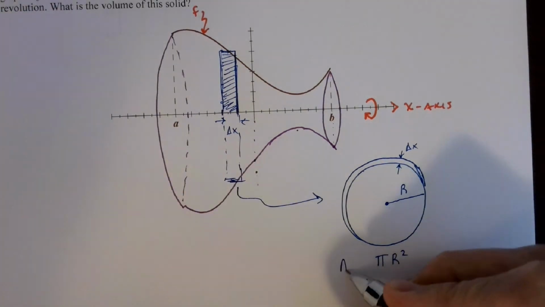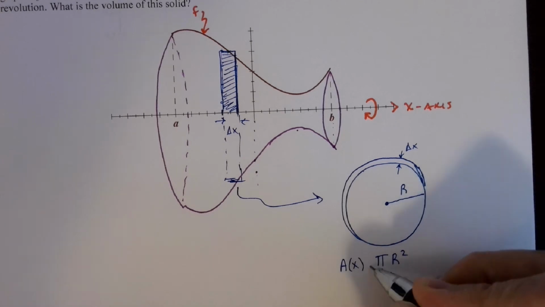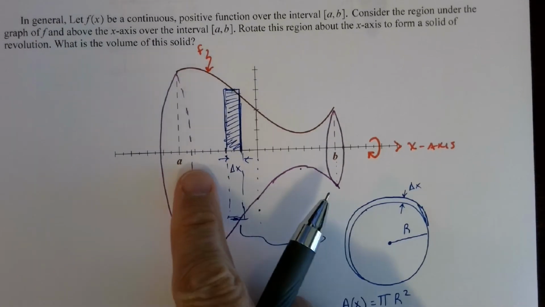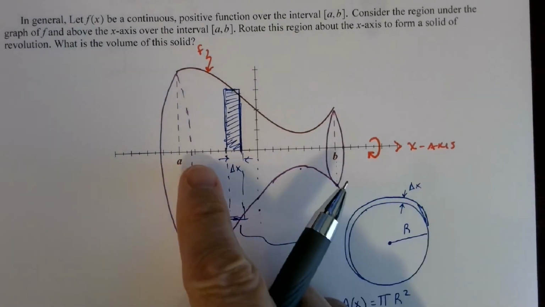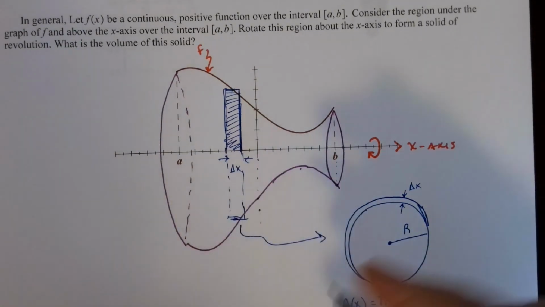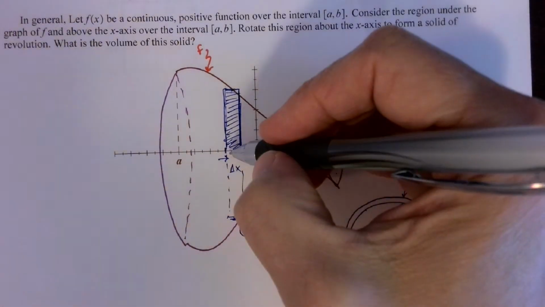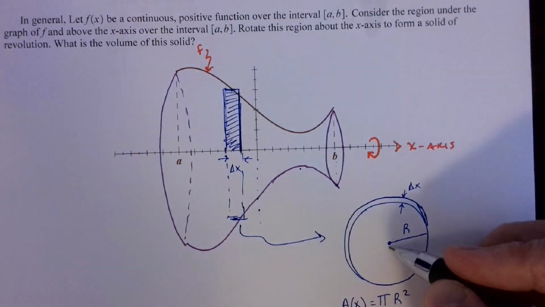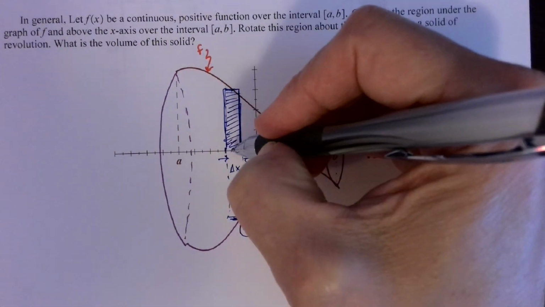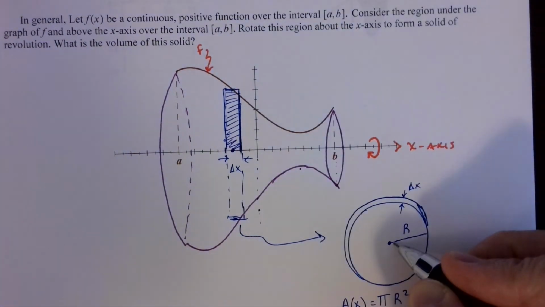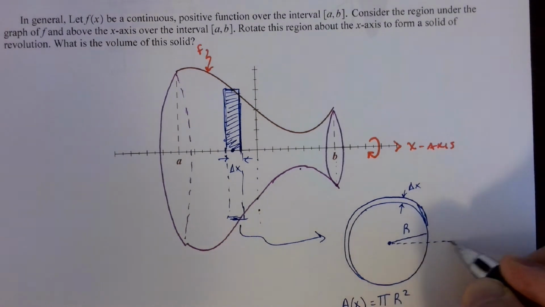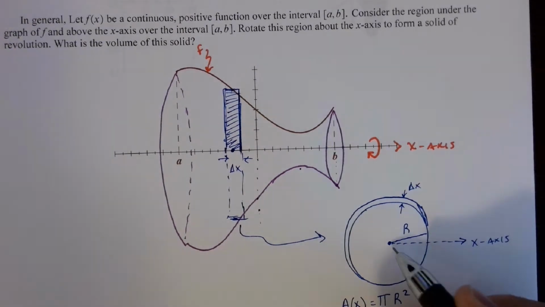That's the area, and we want the area here to be as a function of x, because as x varies from A to B, we're looking at these different cross-sectional areas. And so, how can I find that cross-sectional area? Well, what is R? Notice this is the x-axis coming out here, that we're rotating about.